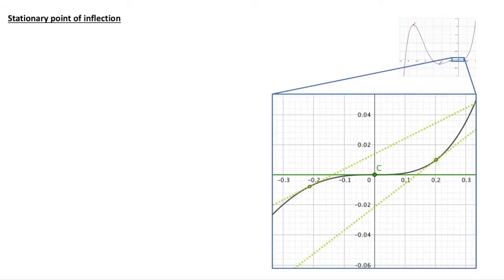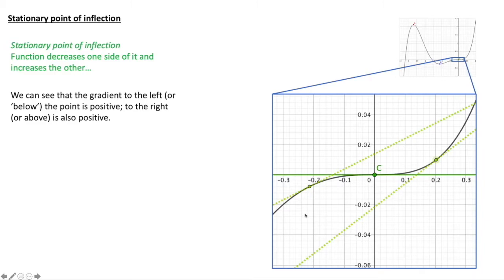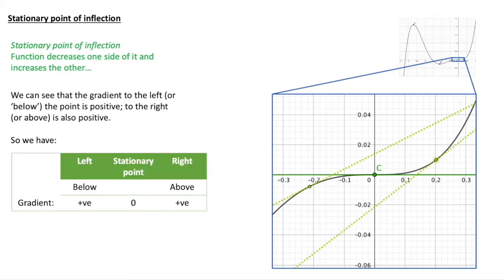Okay, for a stationary point of inflection, we can see that the gradient to the left of the point, say this point here, is positive, and the gradient to the right of the point is also positive. So we have this situation. Below the point the gradient is positive, at the point the gradient is 0, and above the point the gradient is also positive.